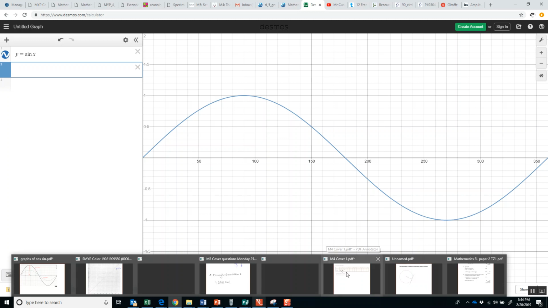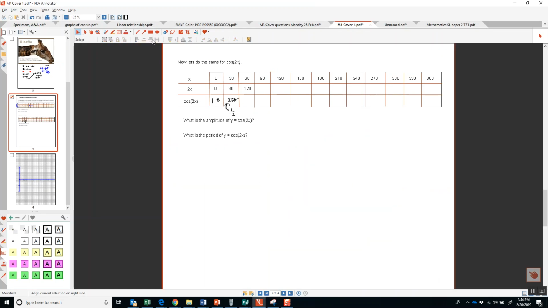Now, if you get all of that done, I want you to have a go at the following. I want you to draw y equals sine 3x, part B, y equals cos of 4x, and I want you to answer the following question.